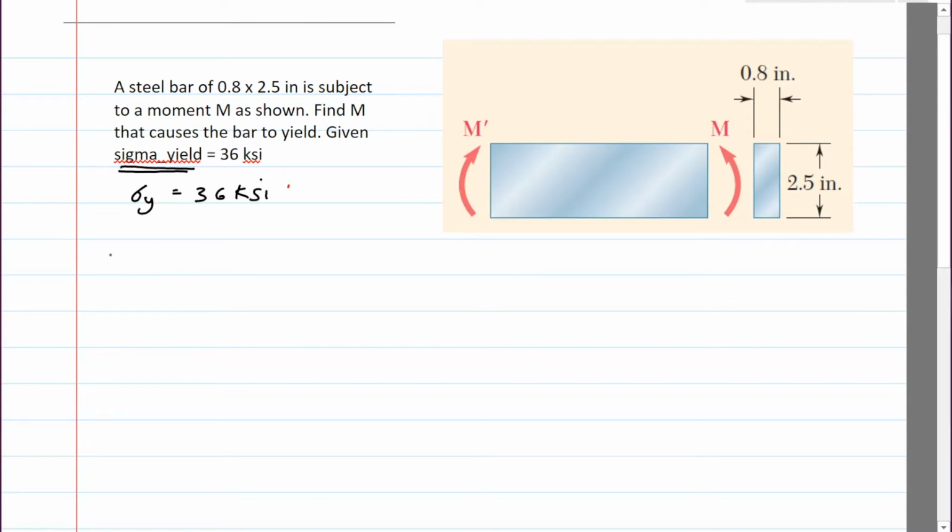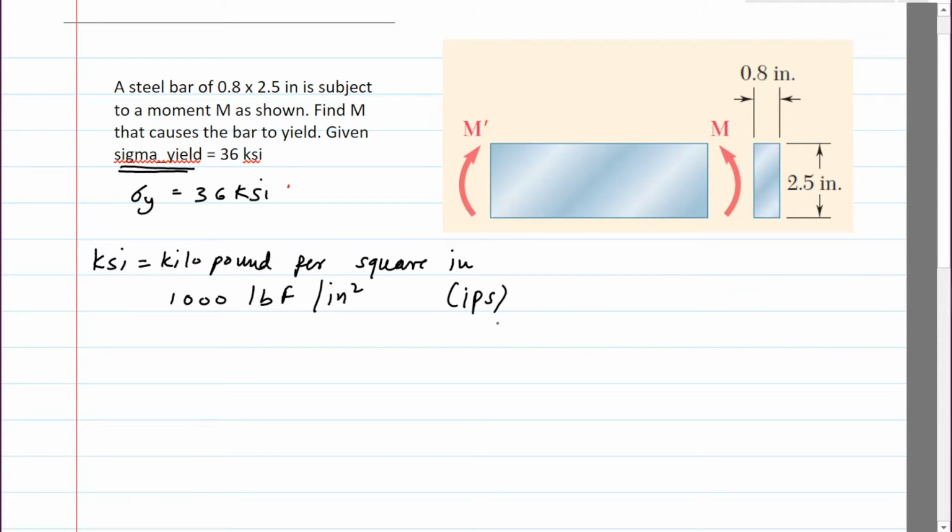This KSI is kilopound per square inch, which is also the same as 1000 pound force per square inch. So that's a unit in the foot pound inch framework, the inch pound, sorry, IPS, inch pound second.